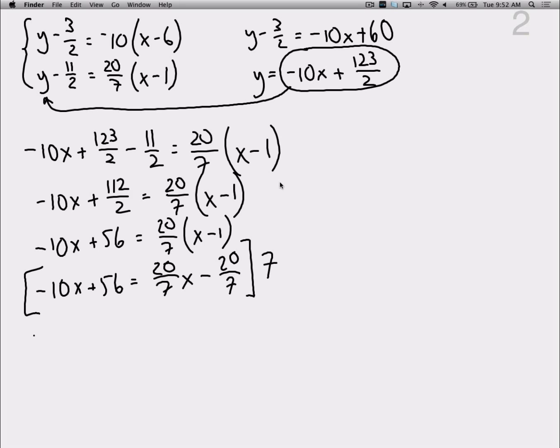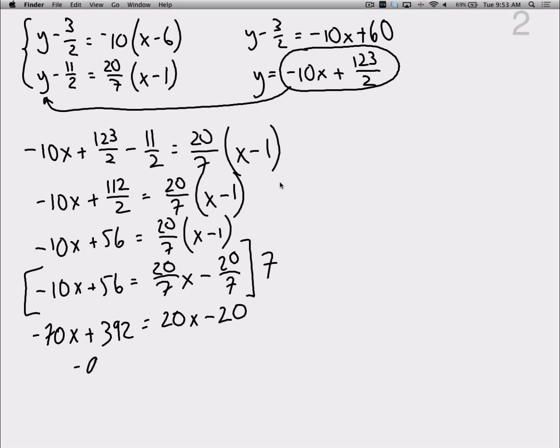That gives me negative 70x plus 392, just off a little bit, equals 20x minus 20. Well, that's pretty. No more fractions. I'm happy. All the x's to one side, all the stuff to the other side.